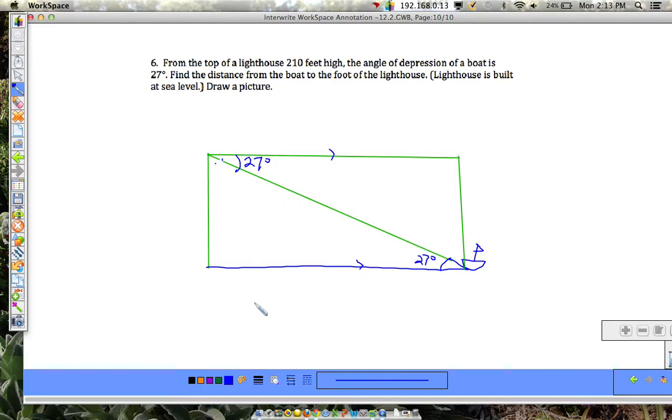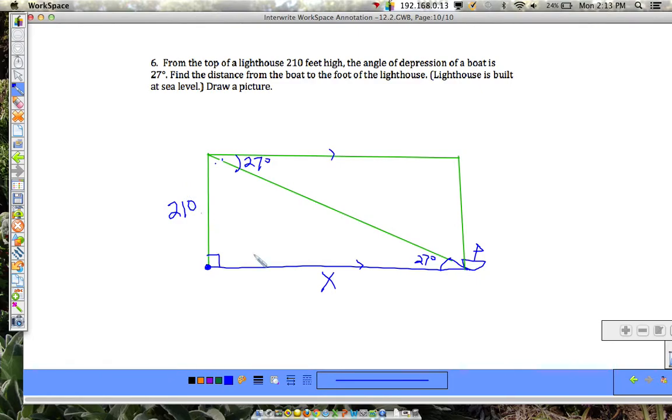Now we know this is 210, so I can look at either right triangle. I've got an angle, a side, and a missing length, because we're trying to find the distance from the base of the lighthouse to the foot of the boat. So this is going to be my angle.